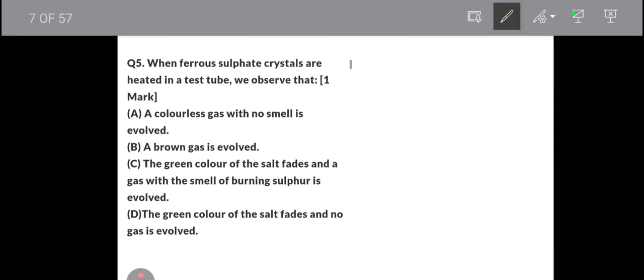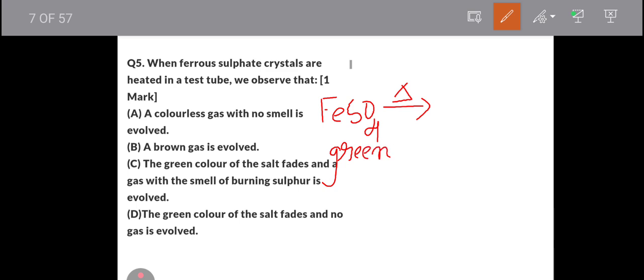So this is regarding the decomposition of ferrous sulfate, FeSO4. Ferrous sulfate, once it is heated, will undergo decomposition. The color of ferrous sulfate is green, right? This green colored ferrous sulfate, once it is heated, will form what? Ferric oxide, right?